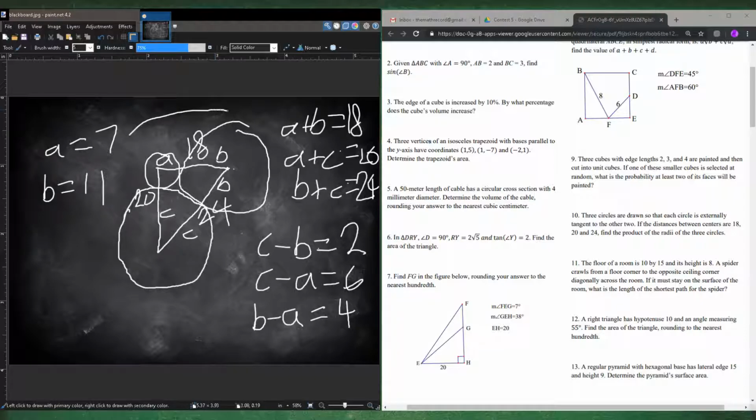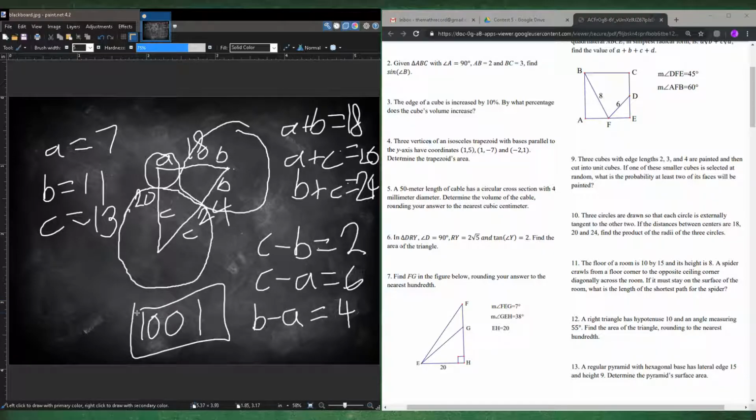And then you could use this one to get C. So basically C would equal 13. So right there. So 7, 11, and 13. So those are the radii of the three circles. So the product would just be 7 times 11 times 13, which would equal 1001.